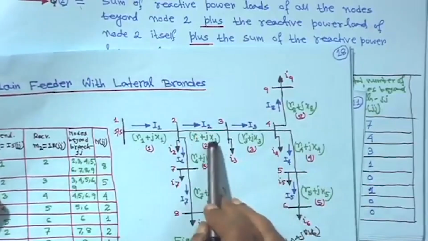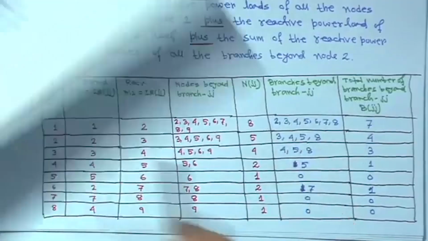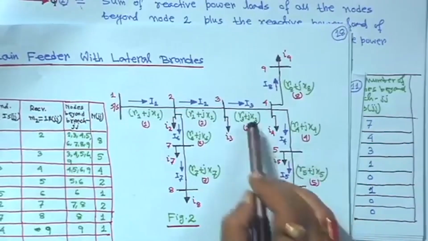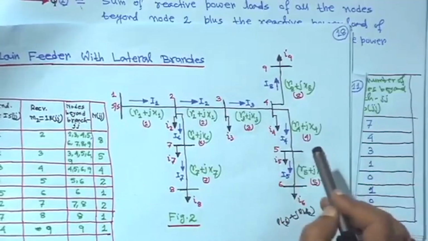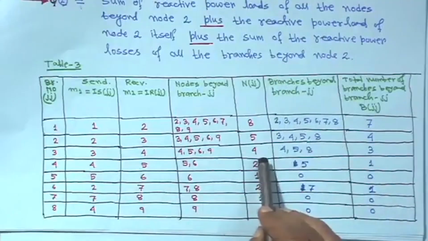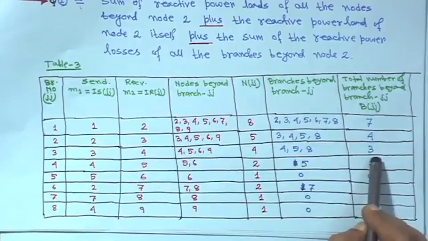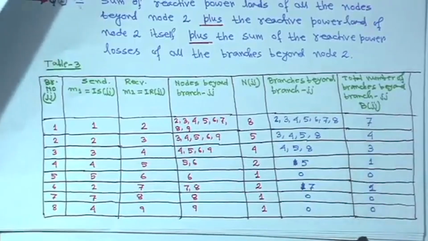Similarly, beyond branch 3, the branches are 4, 5 and 8. Total branches is 3, previous case it was 4 and the first one it was 7.